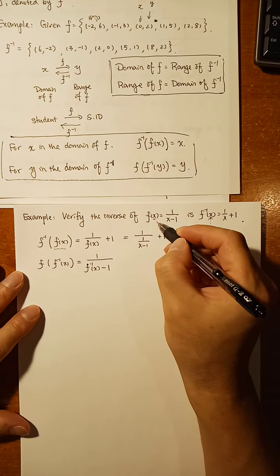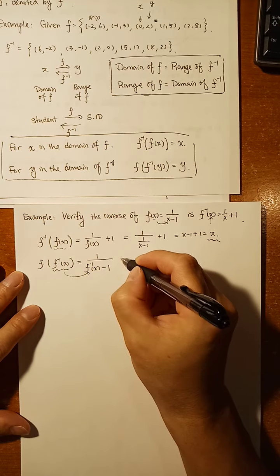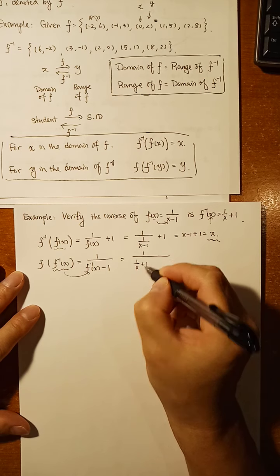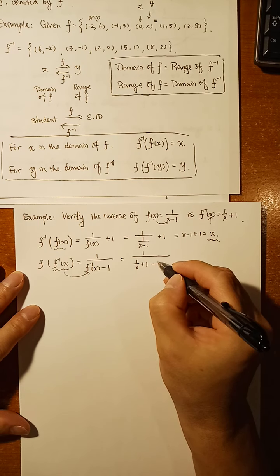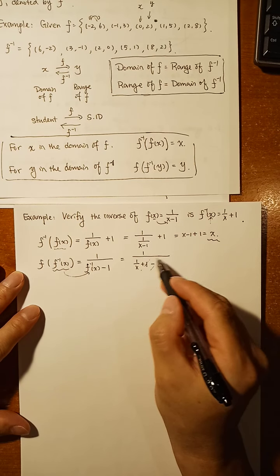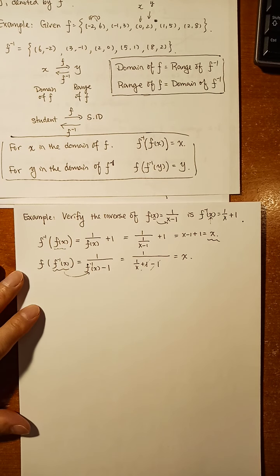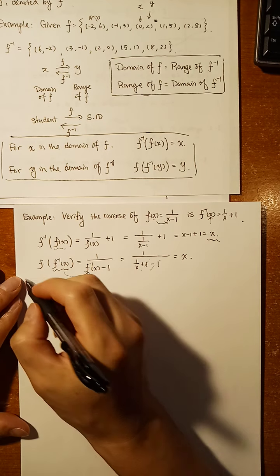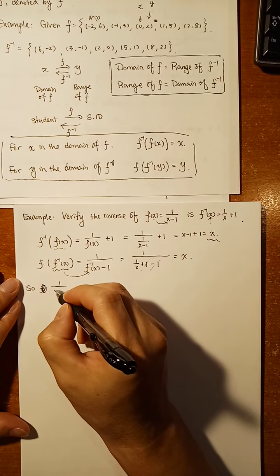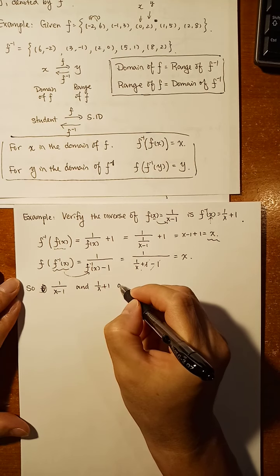Whenever you have input, you place it here. And then f inverse of x is 1/x + 1. This is f inverse of x, and then minus 1. Plus 1 minus 1 cancel. This is 1 over 1/x, which is x. Okay, so these two functions, 1/(x - 1) and 1/(x + 1), are inverse pairs.